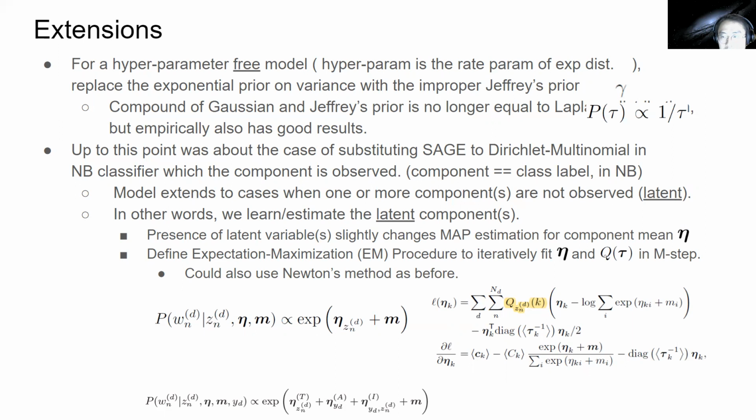So we initiate with tau. We initiate the tau vector, which is the variance vector for each component, and the PDF of them would just be the inverse of each variance for each term's component.